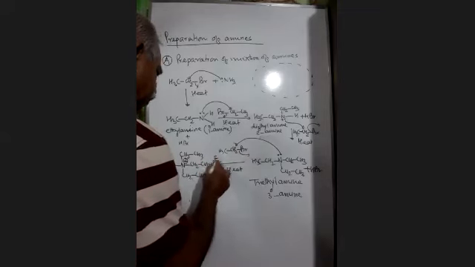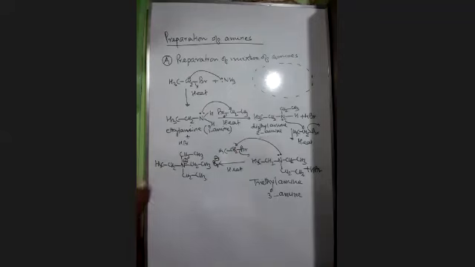So this is Br minus. Okay, so what will be the name of this one? 1, 2, 3, 4.